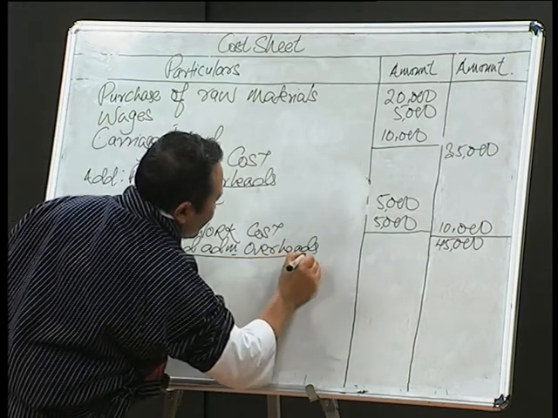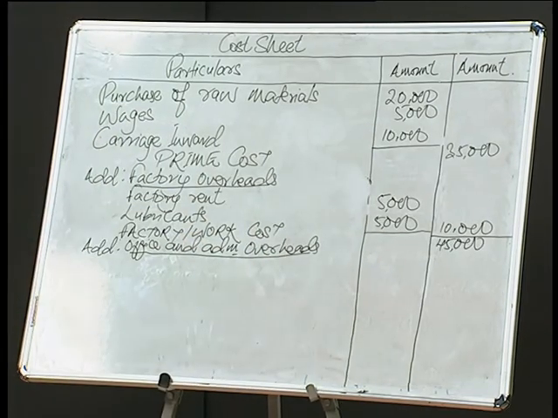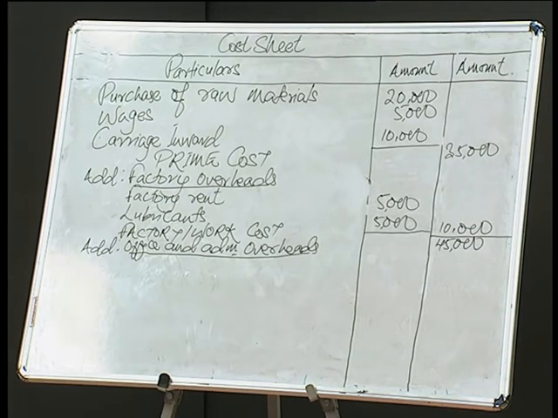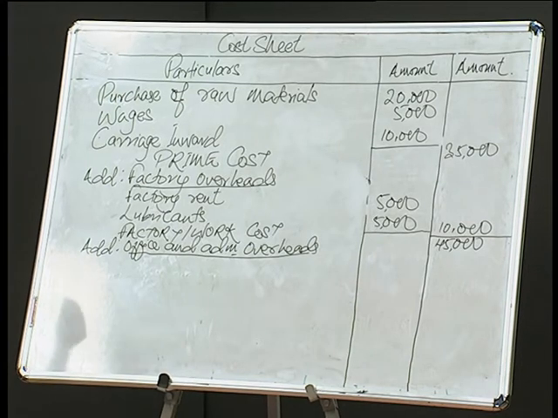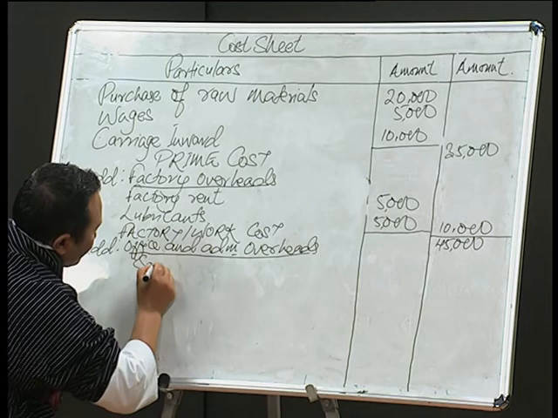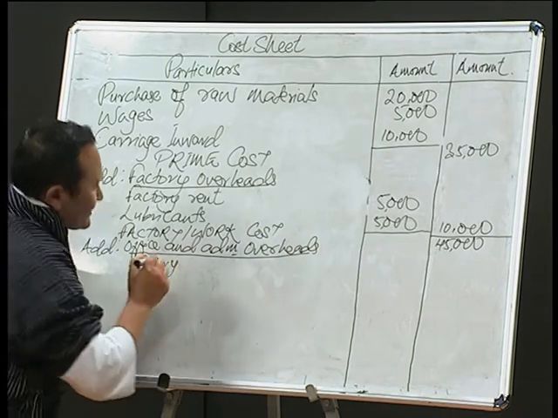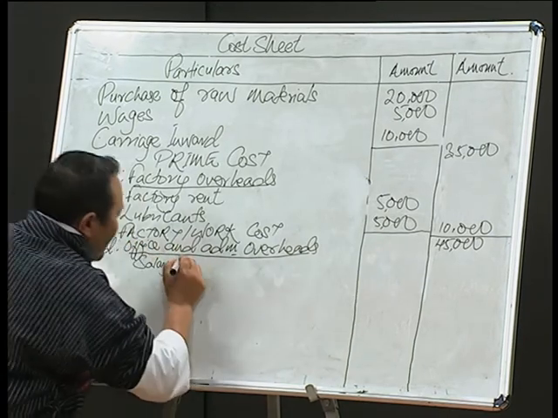Now let us look for the items of office and administrative overhead. We have salary to office staff, obviously an item of administration, and repair and maintenance of office building.